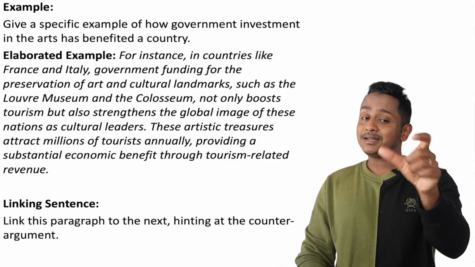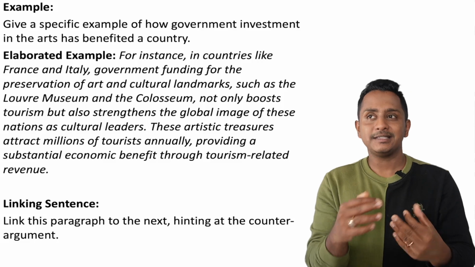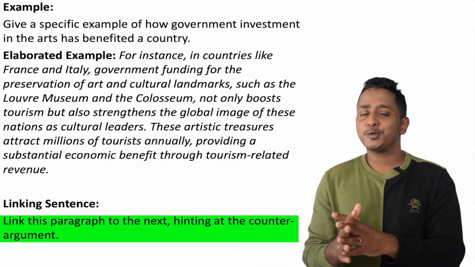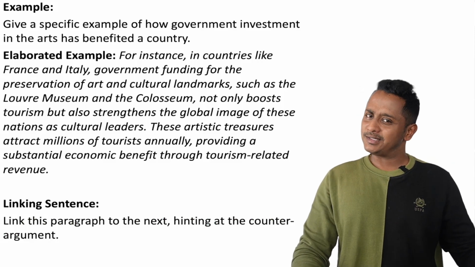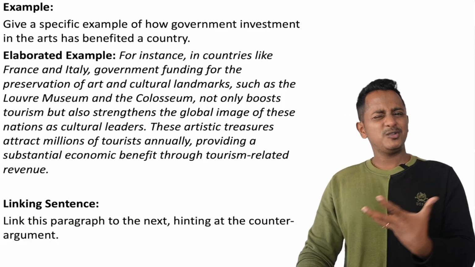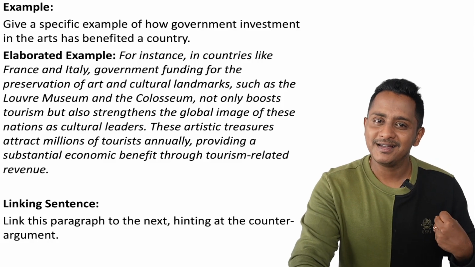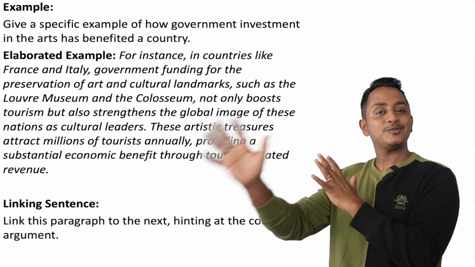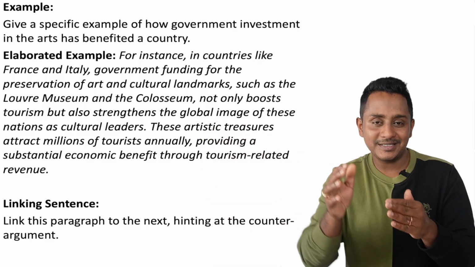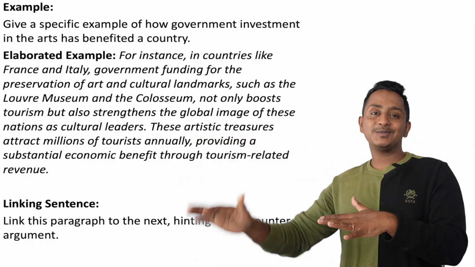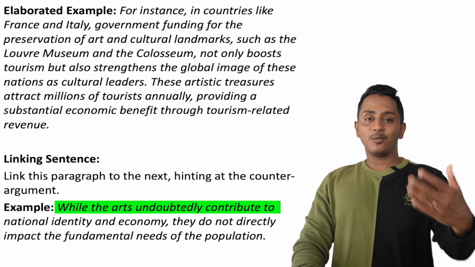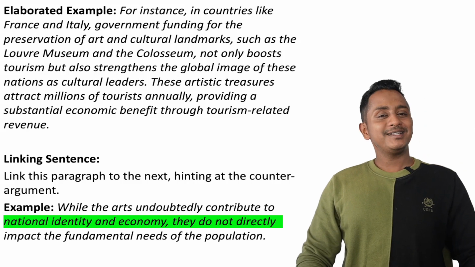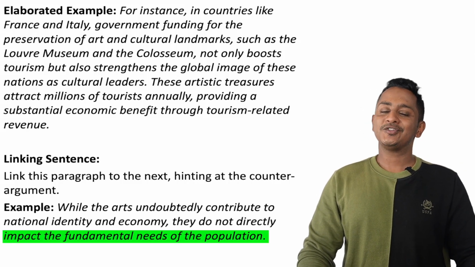But the most important part after the example is a linking sentence. Link this paragraph to the next, hinting at the counter argument. Probably you can say it will have all these benefits, but it may not be so impactful. We leave a trailer to tell the reader what I'm going to talk about next. So while the arts undoubtedly contribute to national identity and economy, they do not directly impact the fundamental needs of the population.